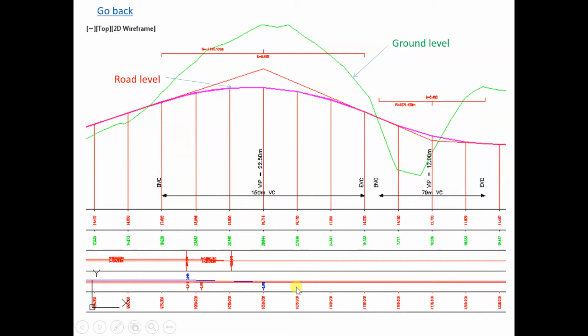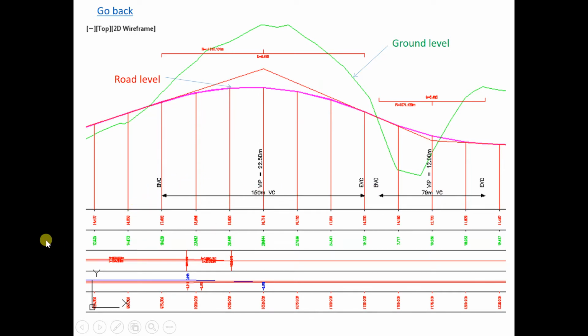So this is in a drawing. For the detail of design, usually the top part of the drawing is the plan, and the bottom part is the long section. This shows the alignment of the road vertically, shown in terms of percentage.